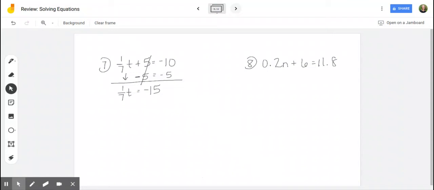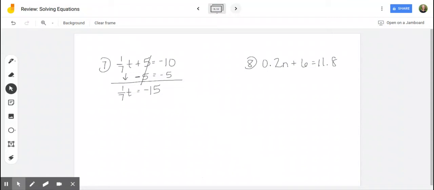Okay, so I see a 1/7. It's being multiplied. T is being multiplied by 1/7. But I'm actually okay with the t and the 1. It's really just the denominator of 7 that I don't like.